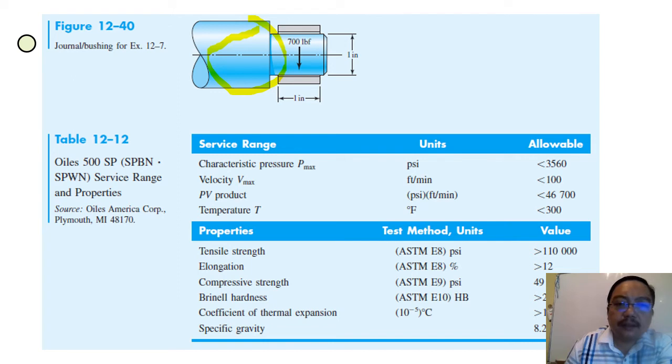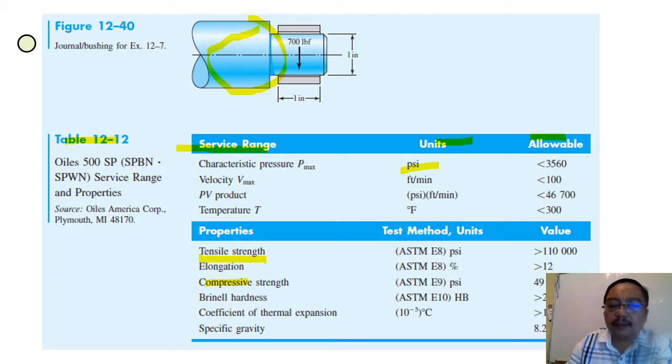The load, meaning the weight of the shaft, is 700 pound, and the diameter is 1 inch. The bushing length is 1 inch. This is table 12.12: the service range, the units, the allowable pressure, allowable velocity, psi, and the properties, tensile strength, equation, and everything.